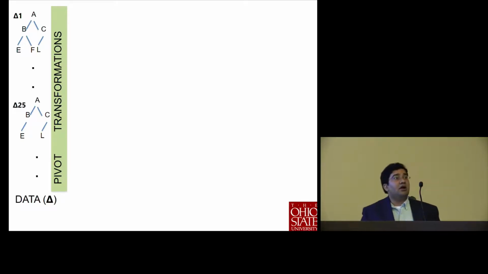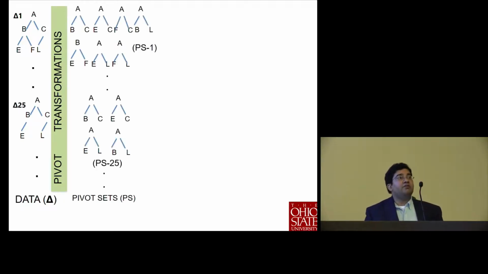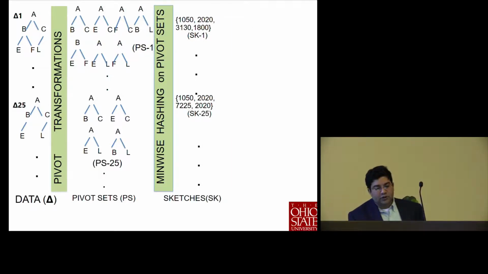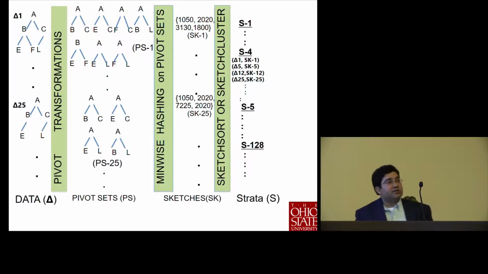So just to reiterate, we start with our original data elements, our original data sets. We apply these pivot transformations to convert them into variable length sets which capture the global information of interest while acting locally. We apply a sketching algorithm, and we can apply this for different types of measures of similarity and for different types of entity types or data types. We then use these sketches to cluster or create strata, and that's what I'm showing you here as S1, S4, S128.